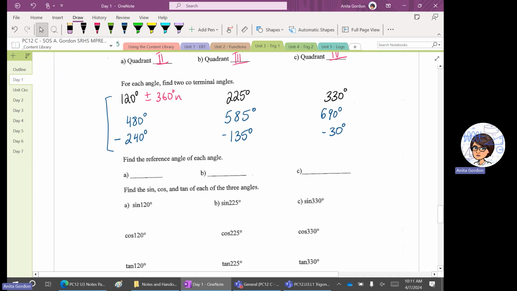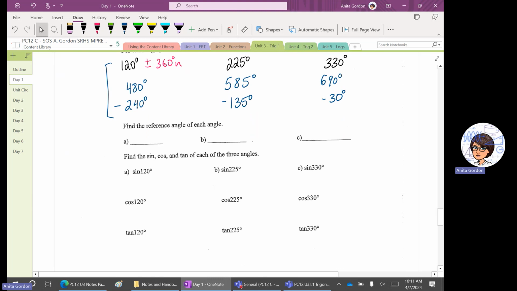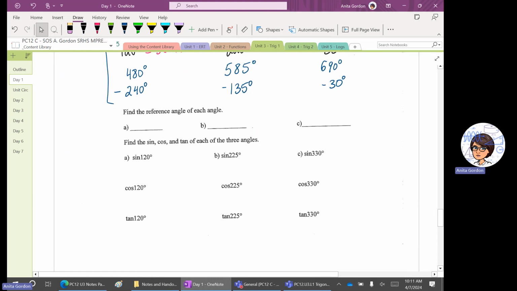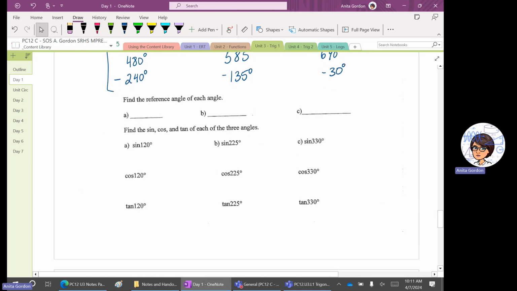All right, find the reference angle for each of the angles below. Looking at A, we have sine of 120, cosine of 120, and tangent of 120. So what are the coterminal angles that would work?